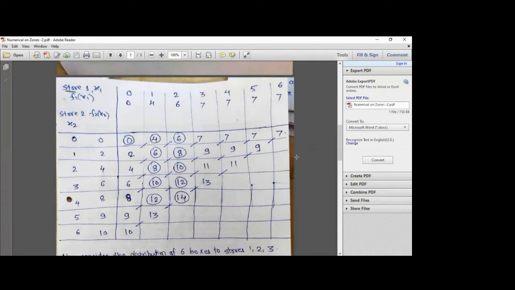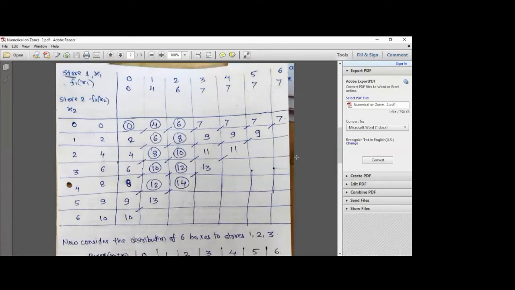If I have to consider 4 crates to be distributed for store 1 and store 2 in combination, what will be the combination? It will be 0 plus 4, 1 plus 3, 2 plus 2, 3 plus 1, and 4 plus 0. If I have to consider 5 crates, it will be 0 plus 5, 1 plus 4, 2 plus 3, 3 plus 2, 4 plus 1, and 5 plus 0.